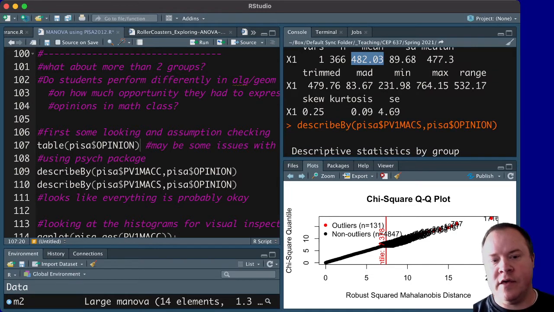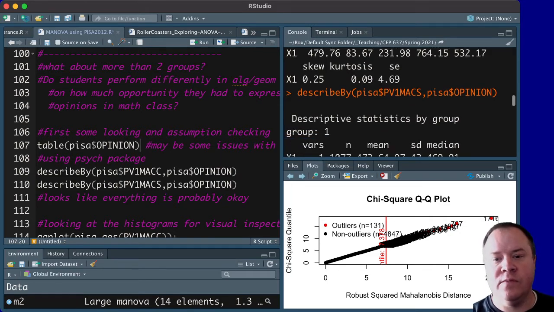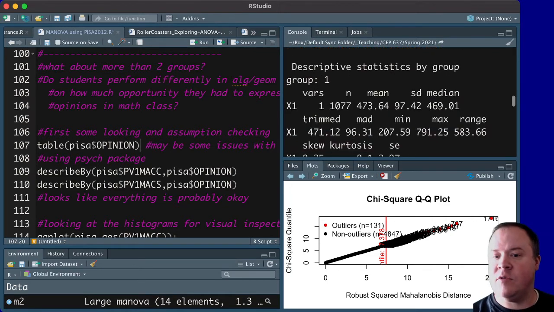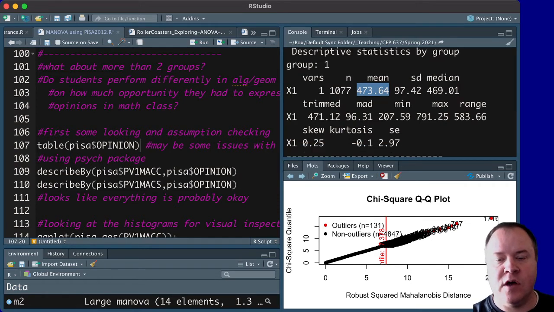And we look at this for the other group, so that group was for the algebra subscores, just as in the last video. If we look at the geometry scores, we see students who had lots of opportunities to express opinions, 473 on the geometry subscore.